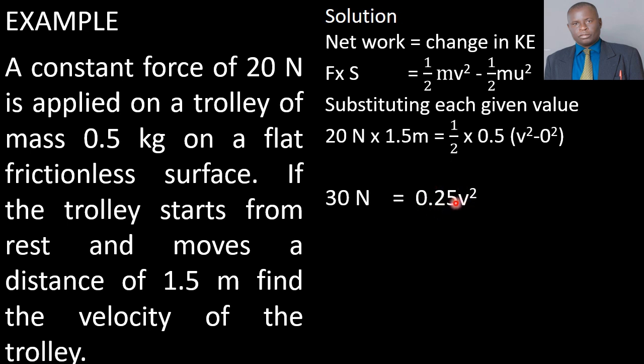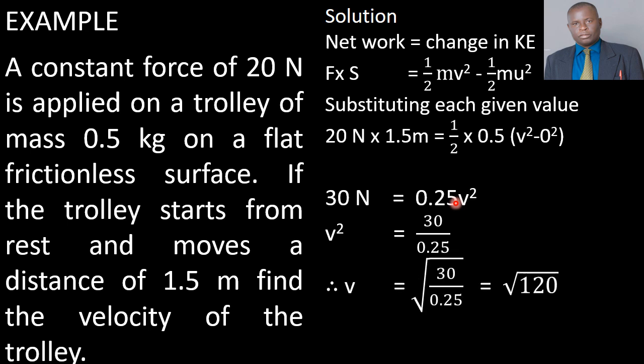Solve for v. So v is the square root of this, and you end up getting the square root of 120. So the velocity is 10.95.